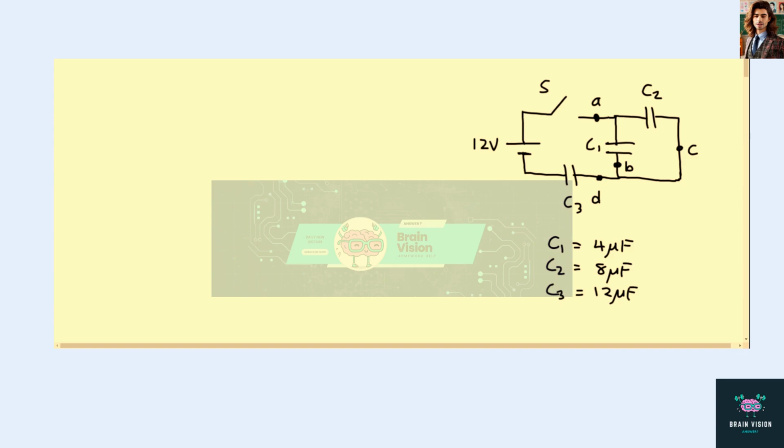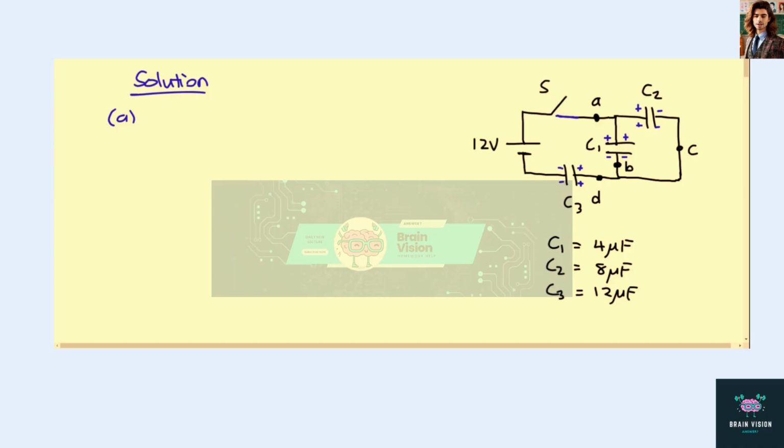Before we start doing the calculation, there are a few things we can do when the switch is closed. We can immediately tell which plates are positively and negatively charged.